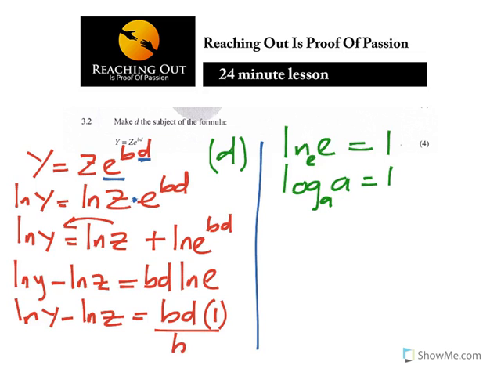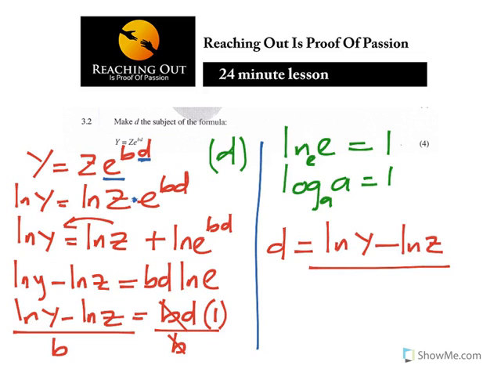So you divide both sides by b. If you divide by b, then the final answer is d is equal to ln y minus ln z over b. We have made d the subject of the formula.